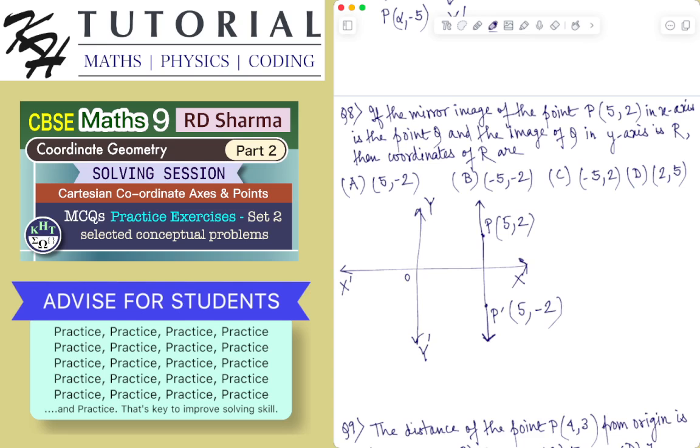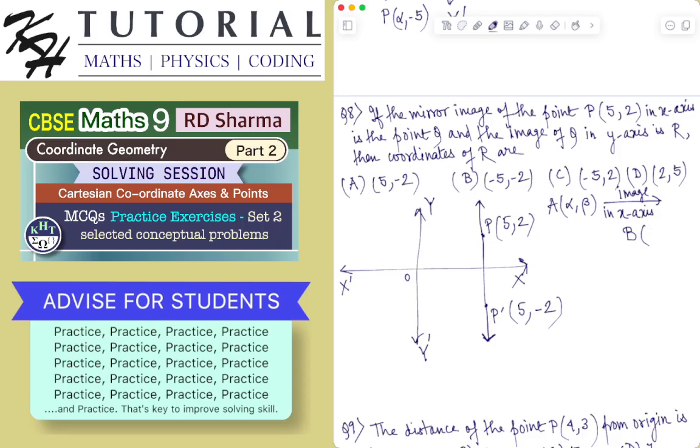Now mathematically, if you have a point A whose coordinates are (alpha, beta), that is, abscissa is alpha and ordinate is beta, what will be its reflection or image in the x-axis? Let's say the point is B. B is the image of the point A in the x-axis.